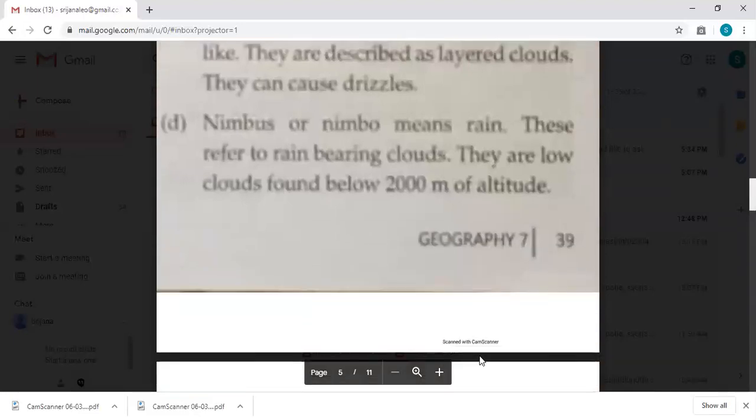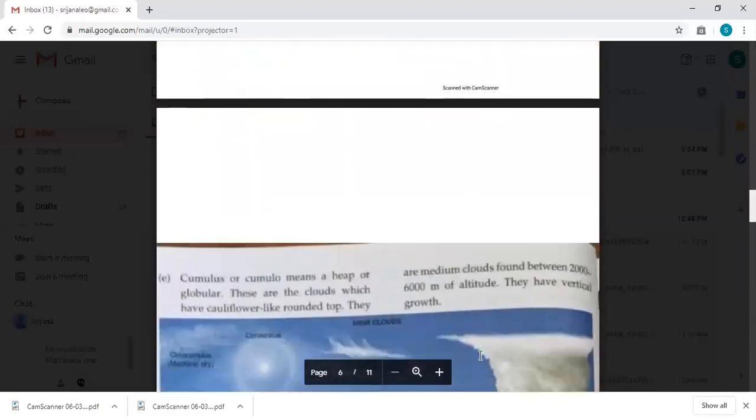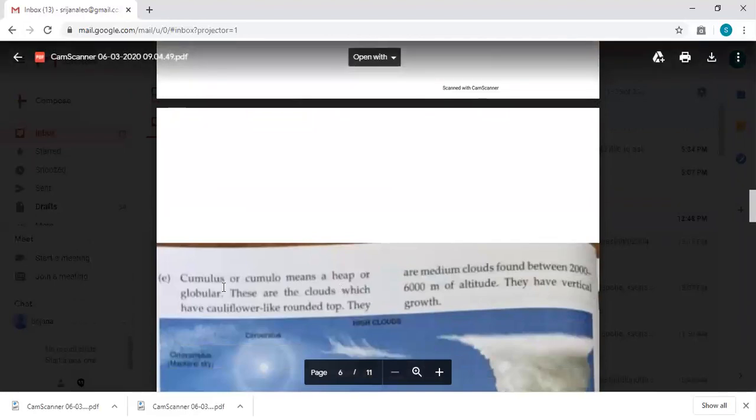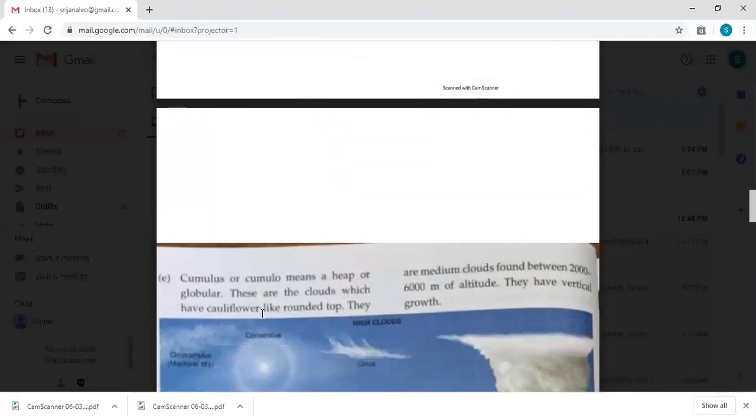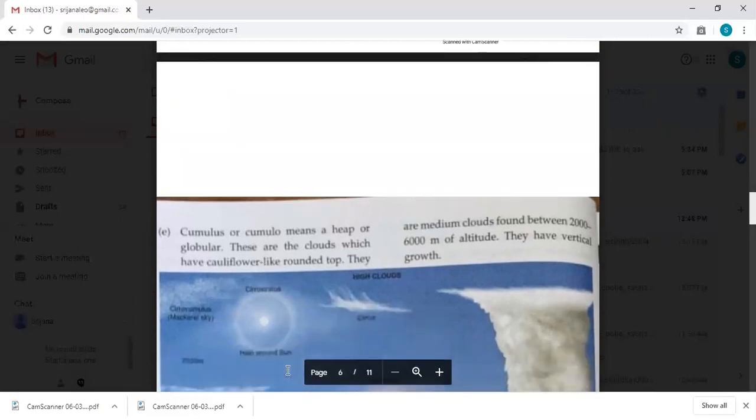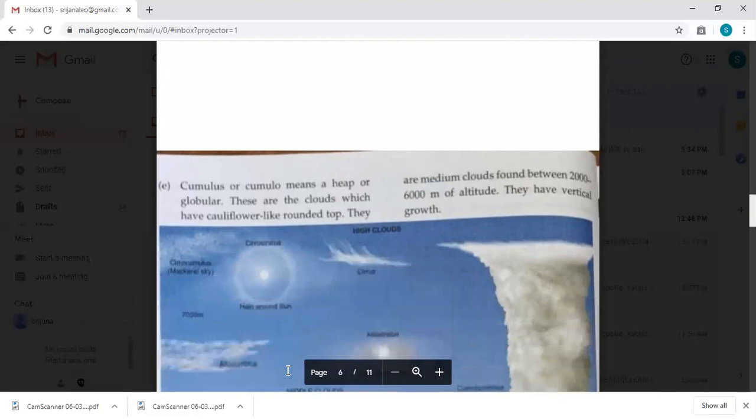All right, and another cloud that we have, the last but not the least, is the cumulus cloud. Cumulo means a heap or a globular. These clouds are cauliflower-like, normally you see them towards the Kanchenjunga side, they are white, some may look grayish.